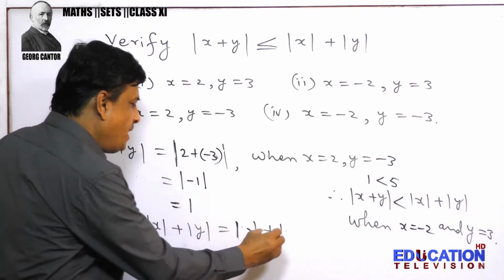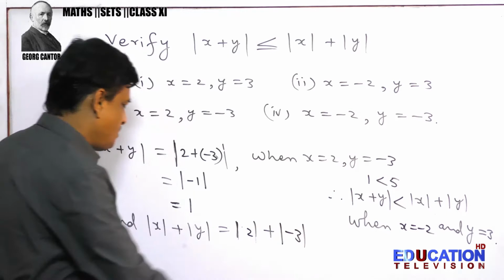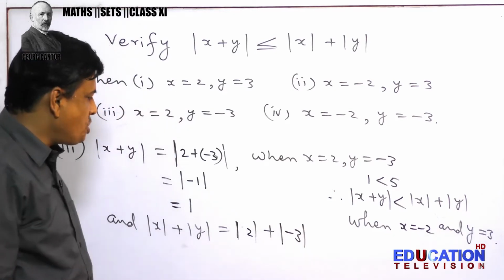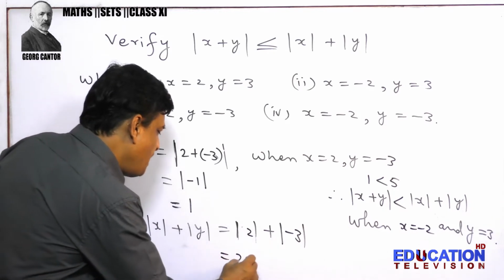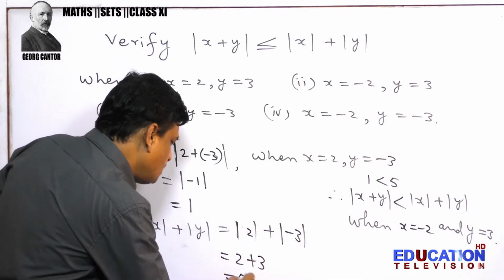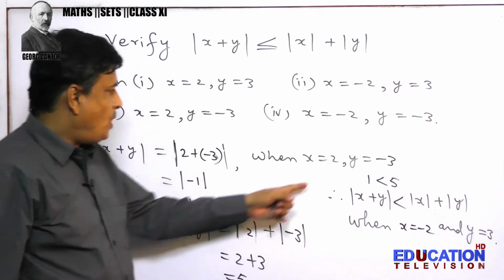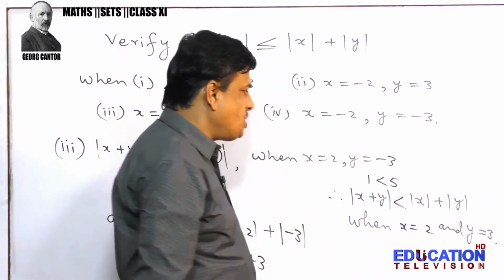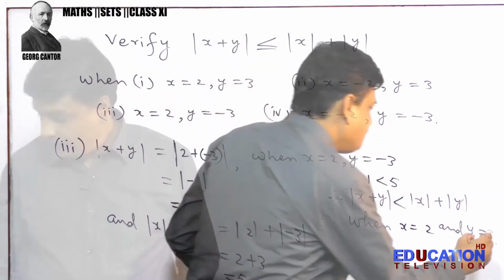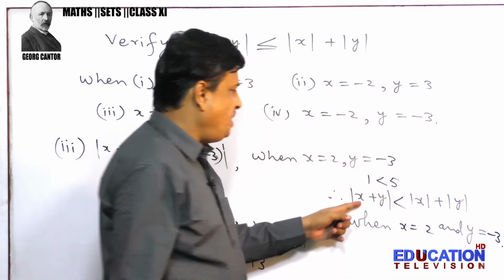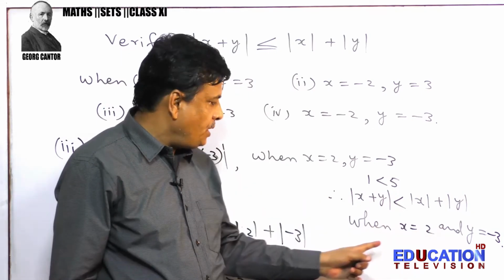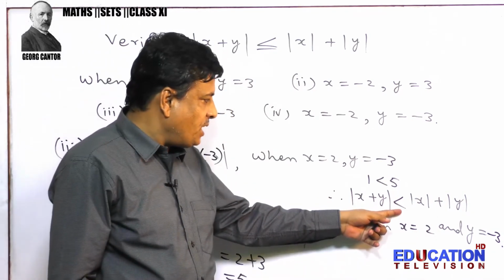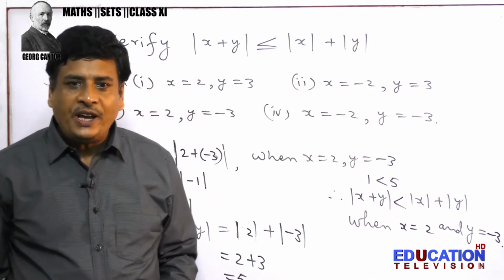Modulus x plus modulus y is modulus of 2 plus modulus of minus 3, equal to 5. One is less than 5. Here also we observe that modulus of x plus y is less than modulus x plus modulus y when x is 2 and y is minus 3. So inequality occurs if x and y have different signs.